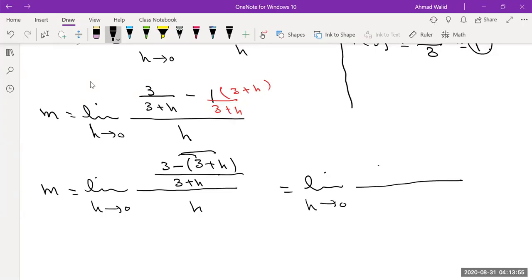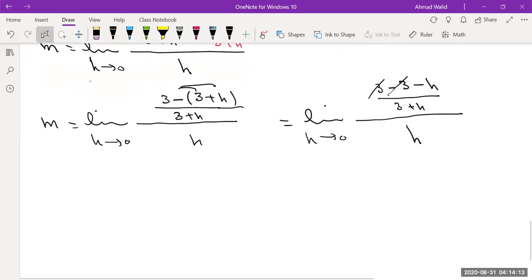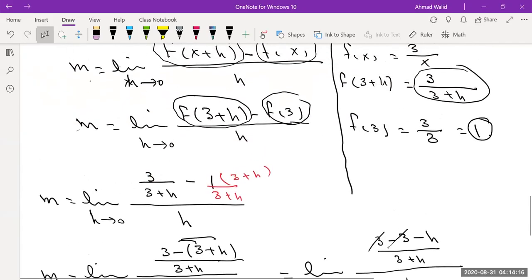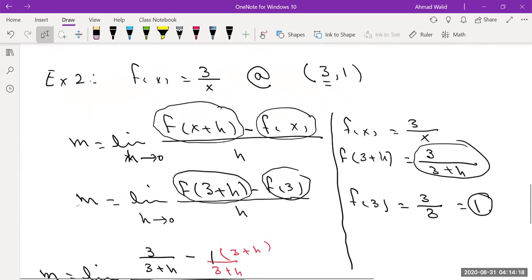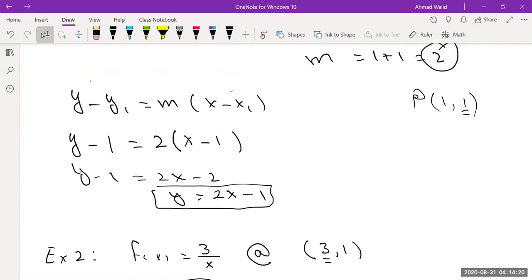Let's simplify the top. The denominator is 3 plus h. 3, distribute the negative, minus 3 minus h, all over h. Negative 3, positive 3 cancels out.